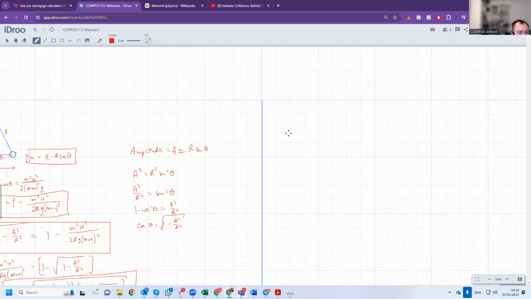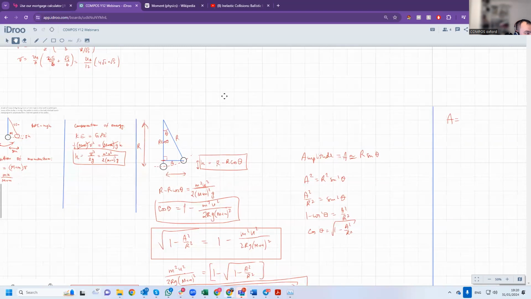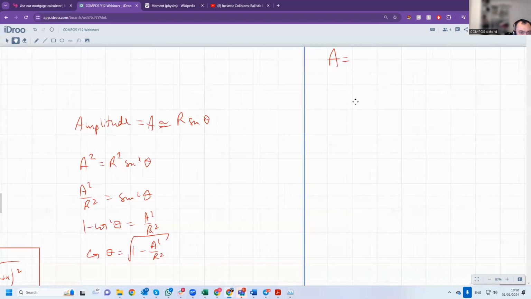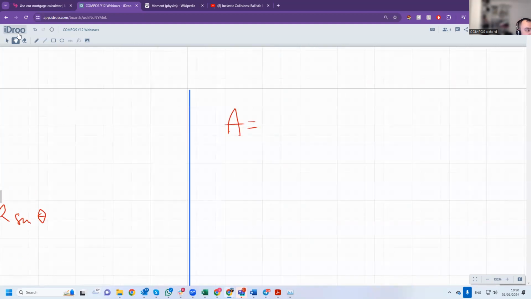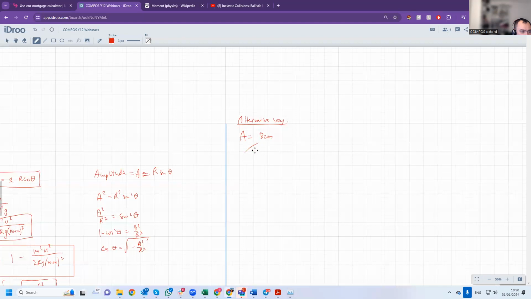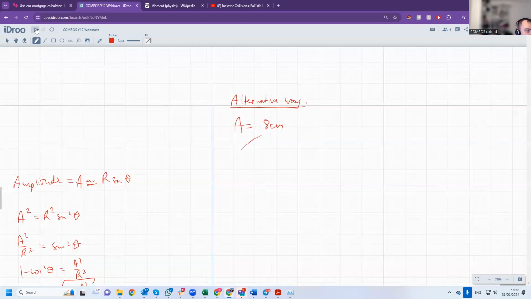Alternative way. We know that the amplitude is 8 centimeters. The amplitude is 8 centimeters, and that means we can find the sine of the angle.